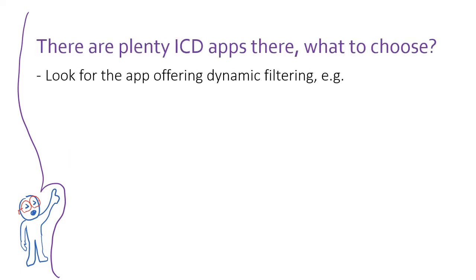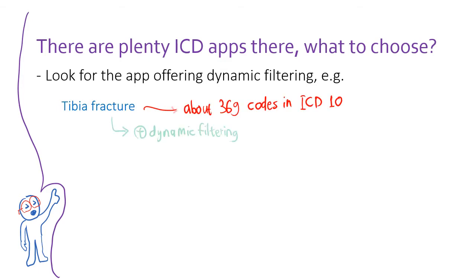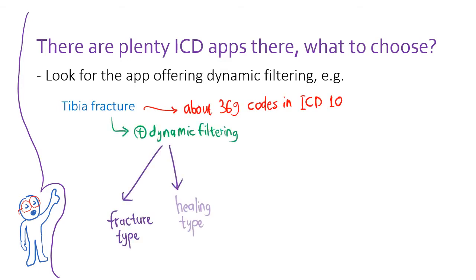To choose suitable applications, we need to consider several criteria. The first is dynamic filtering. Look for applications that include dynamic filtering to help narrow down the code set. Let's say you search for a particular term, such as a tibia fracture. There are about 369 tibia fracture ICD-10 codes.